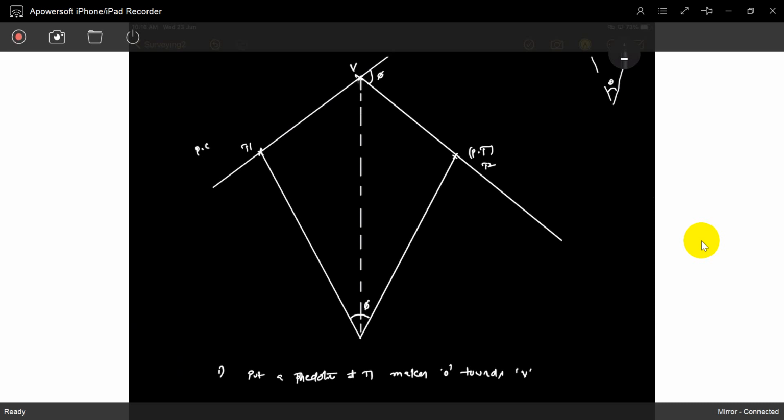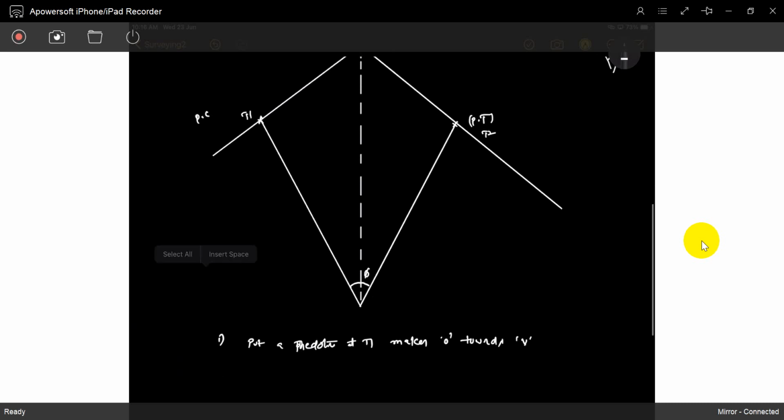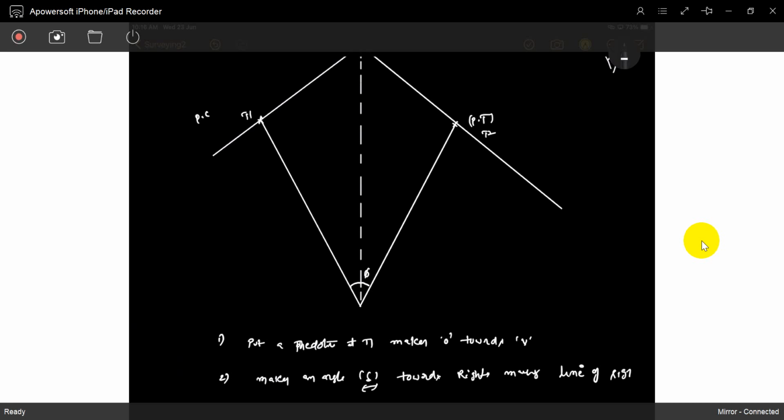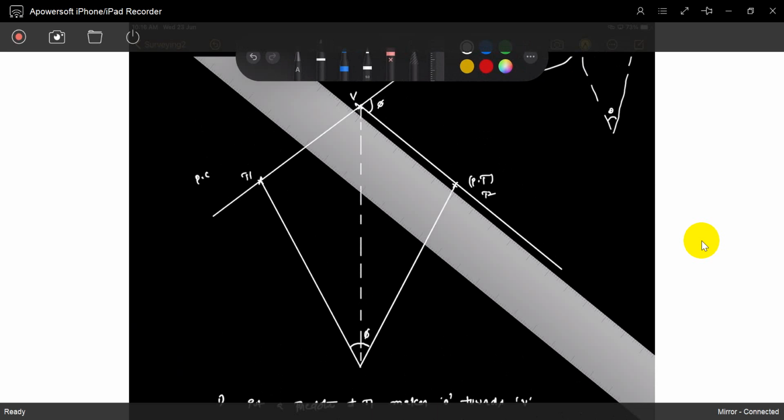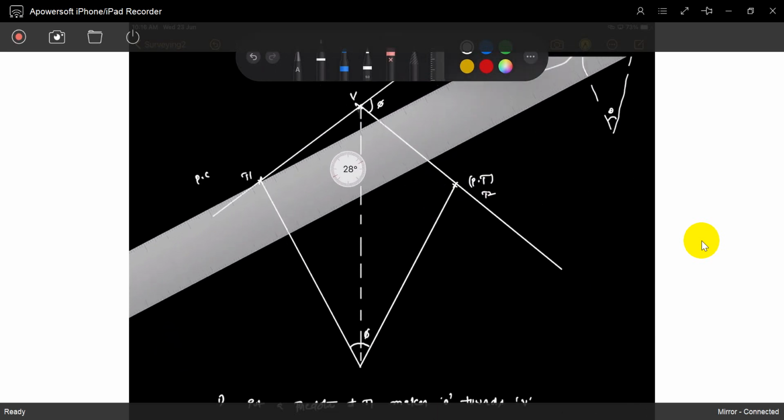Then make an angle of delta something. How we choose delta, I will explain later. Make delta towards the right side, and make a line of sight.